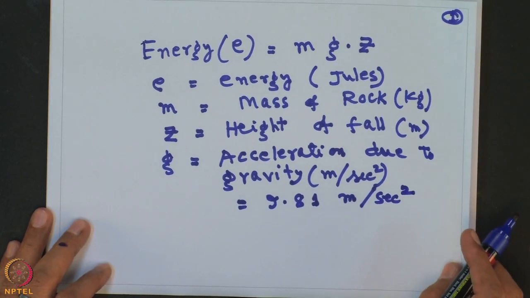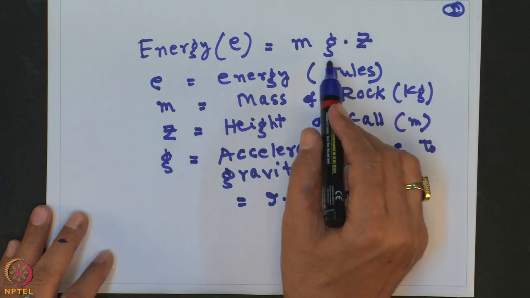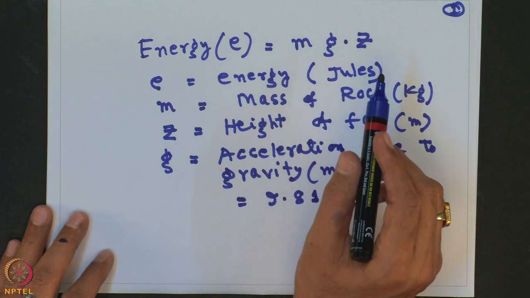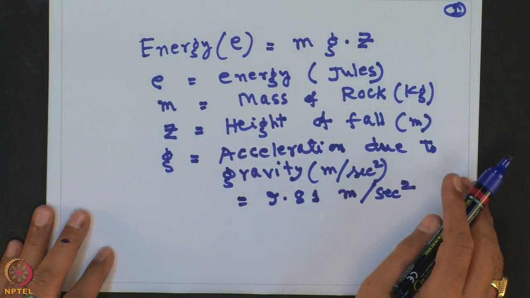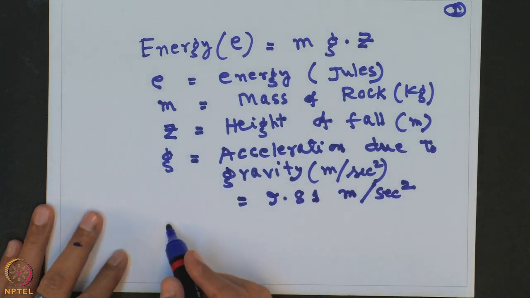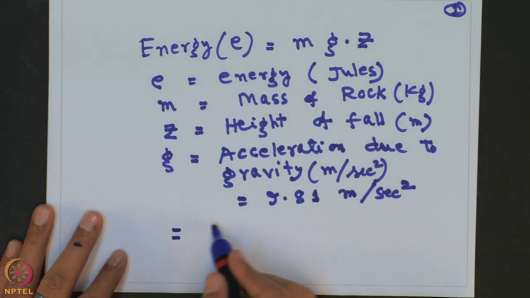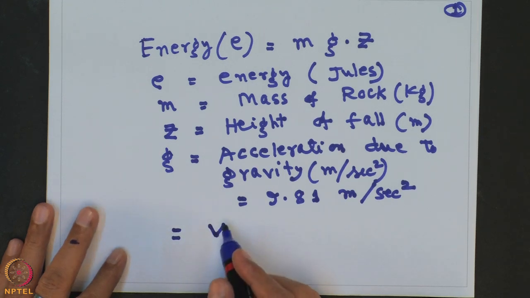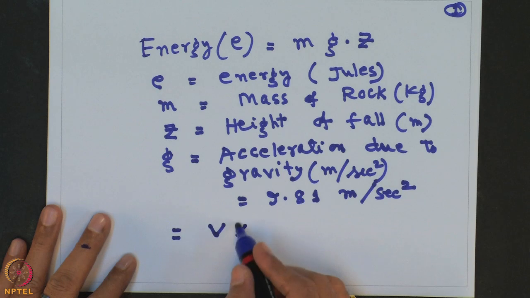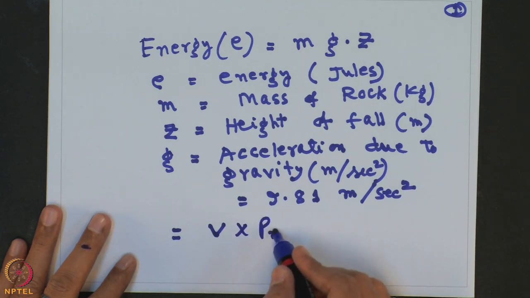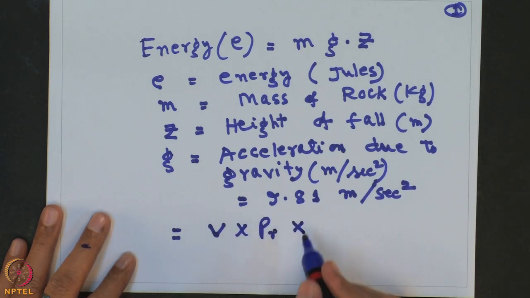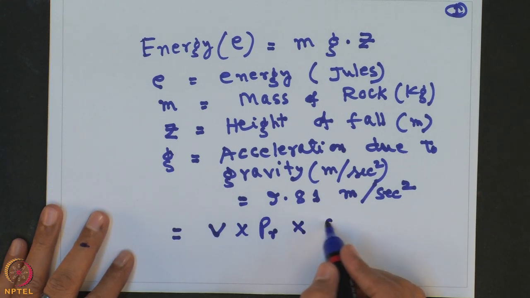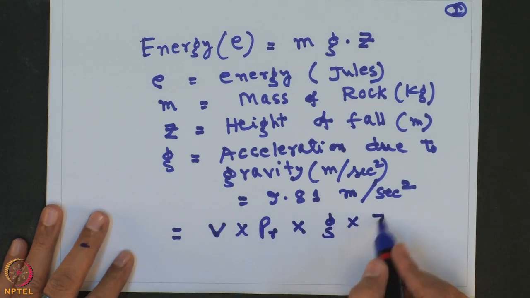And this equation m g z we can also write as V, that is volume of the rock, into rho r into g into z.